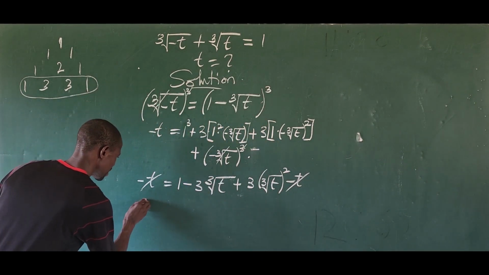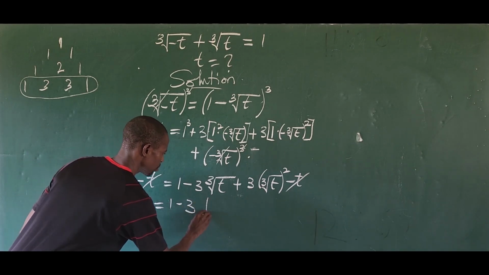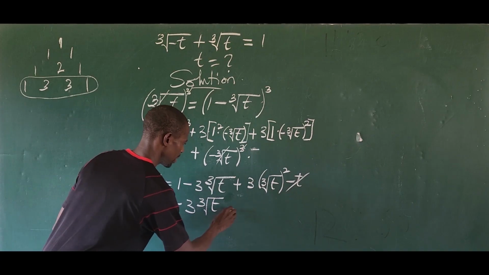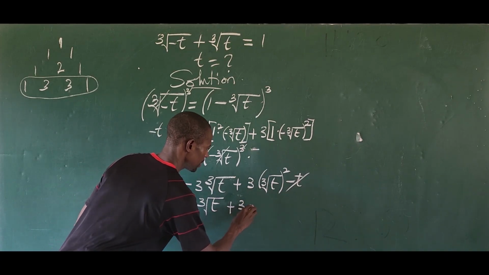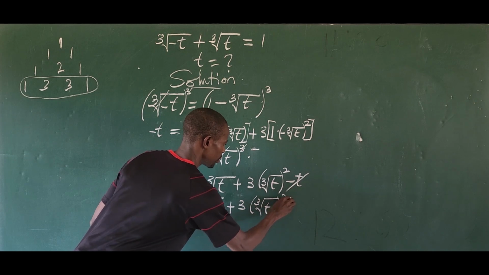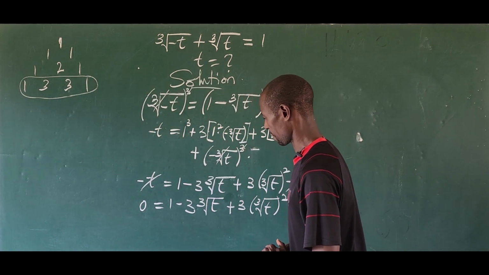So let's write it out first. 0 will now be equal to 1, then minus 3 into the cube root of t, okay, then plus 3 into the cube root of t to the power of 2. Okay, so what we do here now is easy.